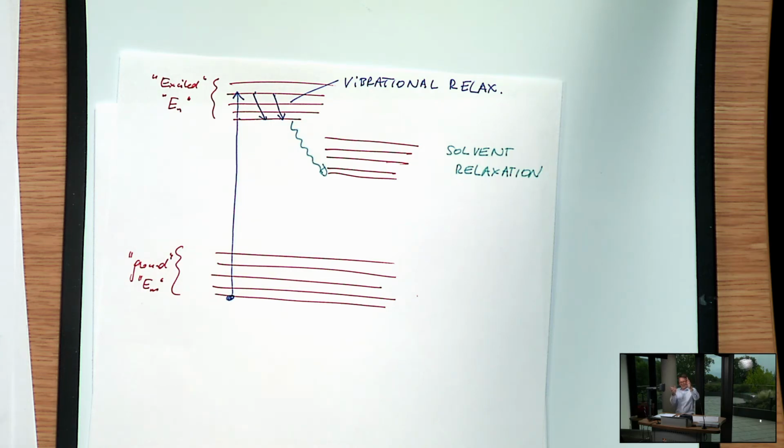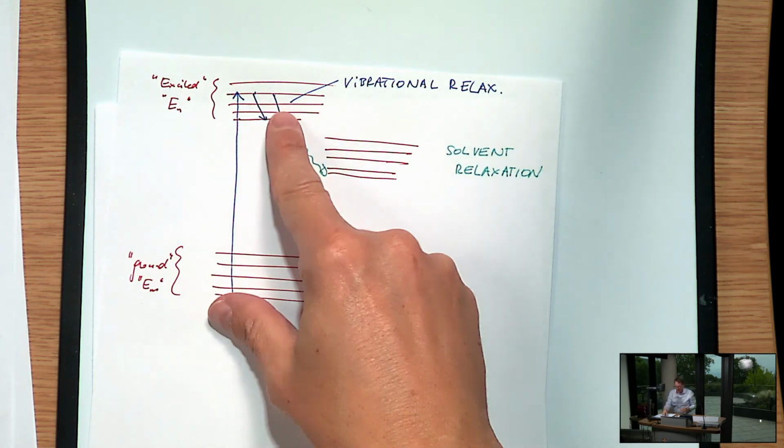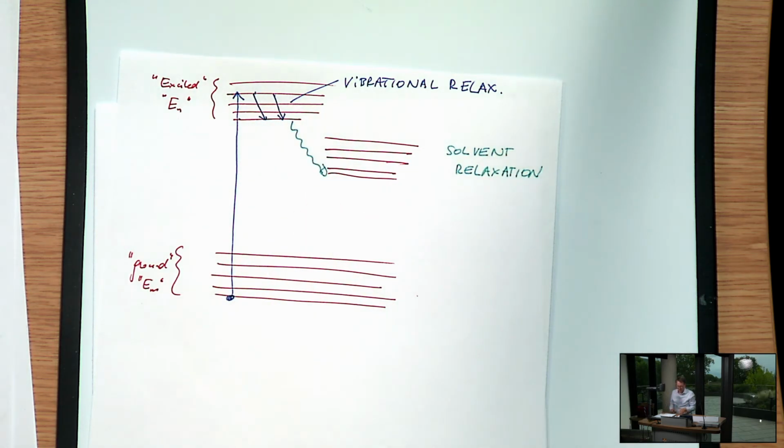The dipoles feel this and realign themselves around the excited state dipole. That reorganization of the water environment costs energy, so that is a further loss, and it's called solvent relaxation.